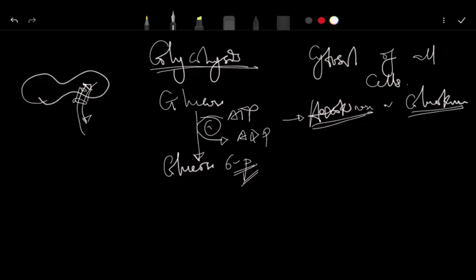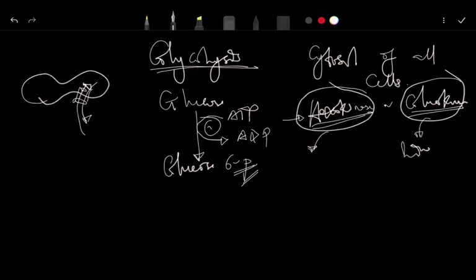Now hexokinase will be in the majority of cells, basically all the cells contain hexokinase, while specifically for the liver, that's where you will see glucokinase. So if we are to draw a table trying to differentiate between hexokinase and glucokinase, you will discover that while hexokinase is found in all cells, glucokinase is found only in the liver.